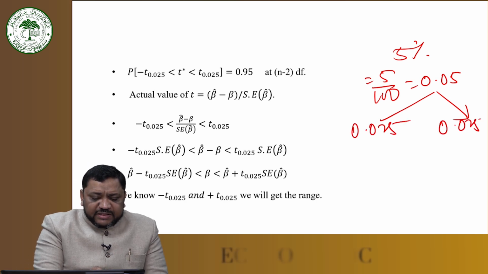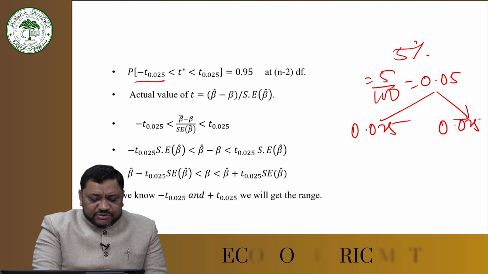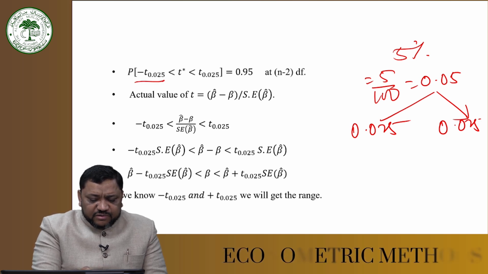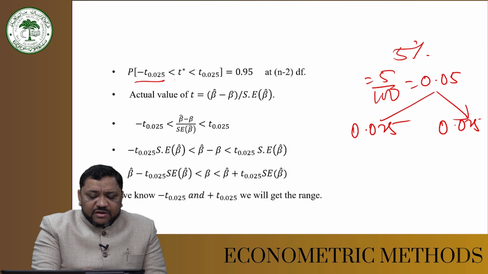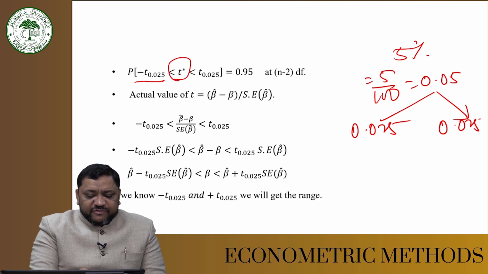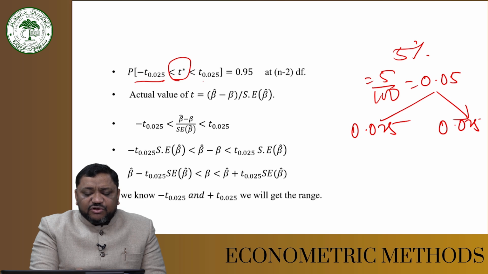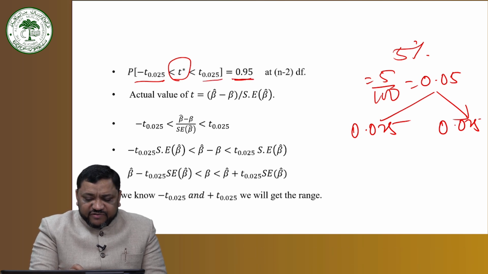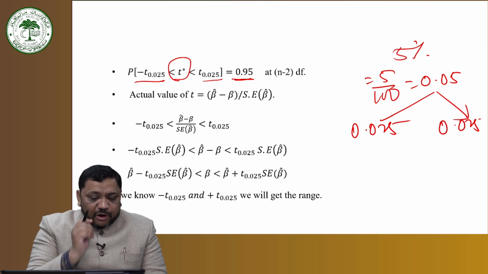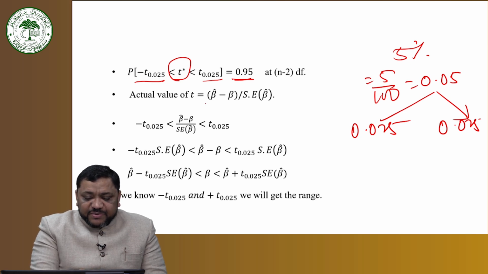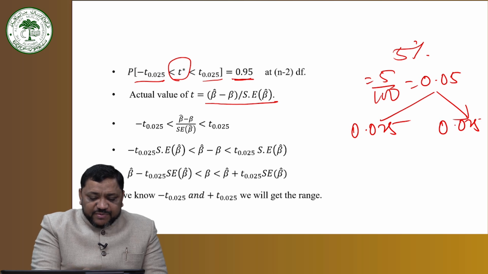So the probability that minus t at 0.025 is less than the calculated value t asterisk, which is less than t at 0.025, is equal to 0.95 for a 95% level of confidence. Now this t is nothing but beta hat minus beta divided by the standard error of beta hat. So in place of t we use this formula.